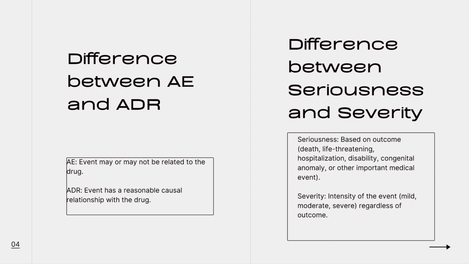It can include death, life-threatening, hospitalization, disability, congenital anomaly, or other important medical event. And severity is the intensity of the event. It can be mild, moderate, severe, regardless of the outcome. So these are two major questions which are usually asked, based on the differences between AE and ADR and seriousness and severity. You must know this.